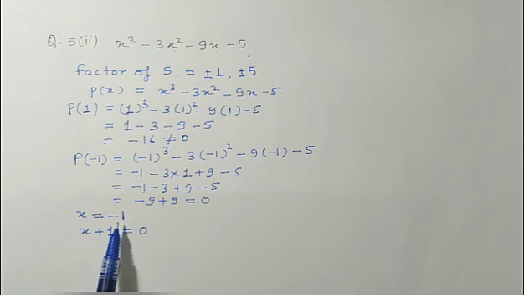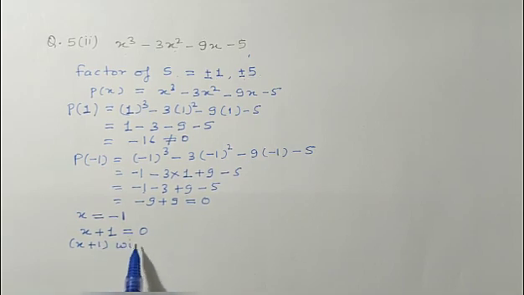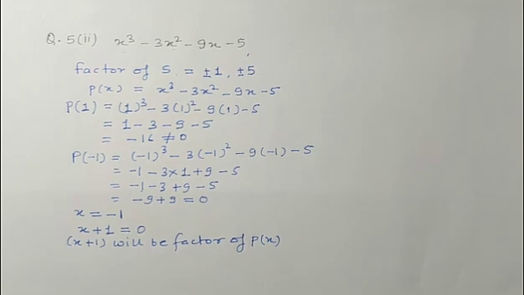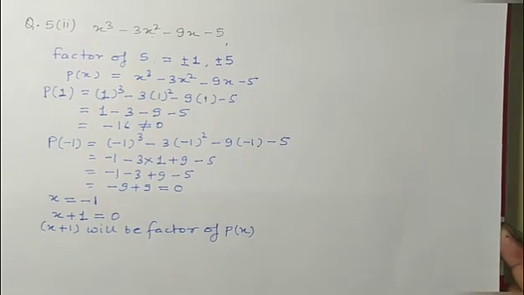So if we shift this minus 1 to the left hand side, this x plus 1 will become a factor of p(x). So x plus 1 is a factor of this polynomial.